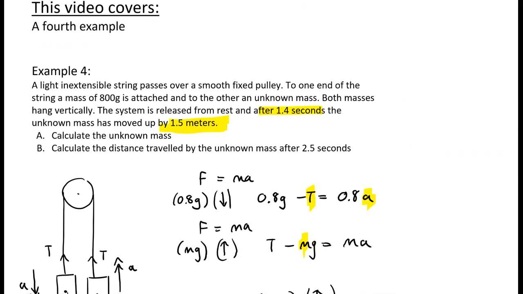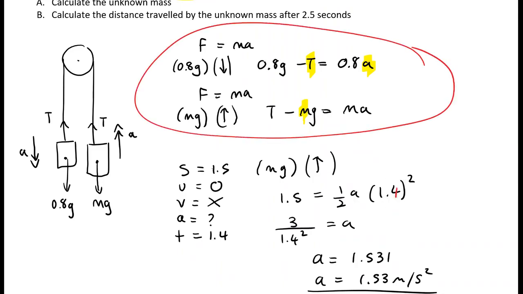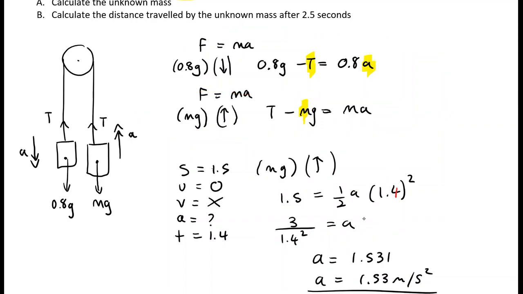The question asks for the unknown mass. Well, that's the third and final unknown in these two equations here, specifically in that equation. Take a copy of this one.